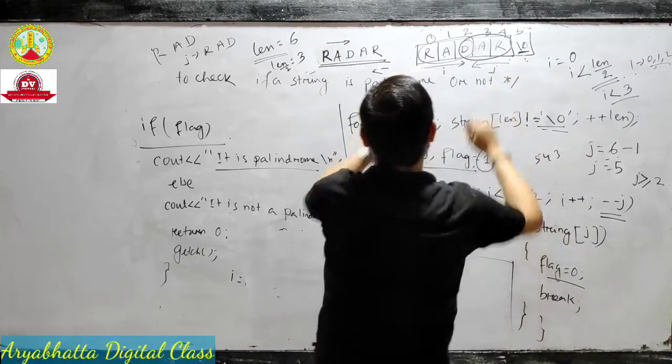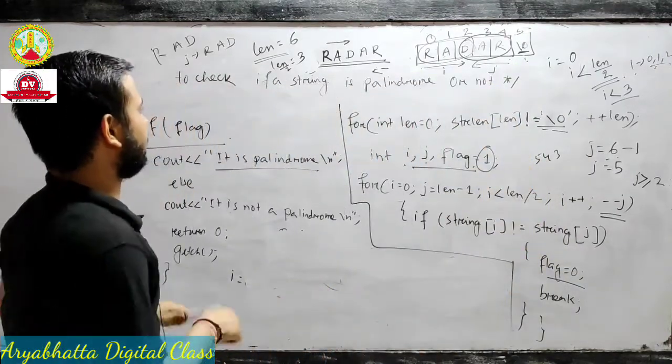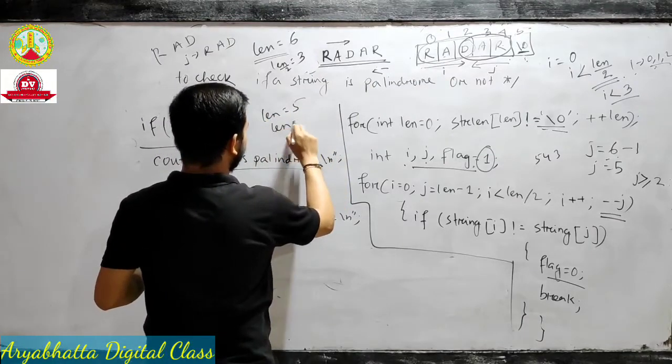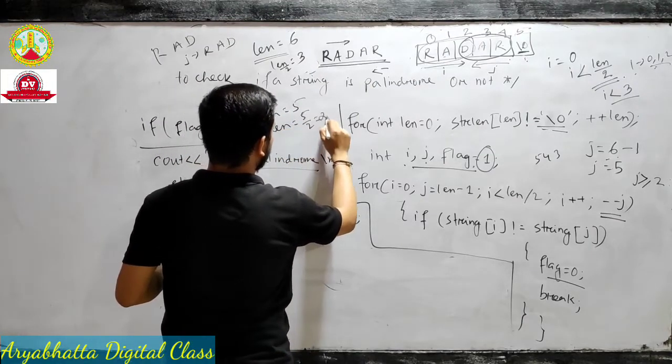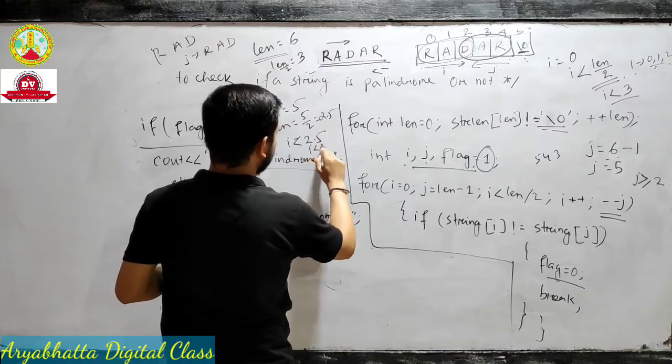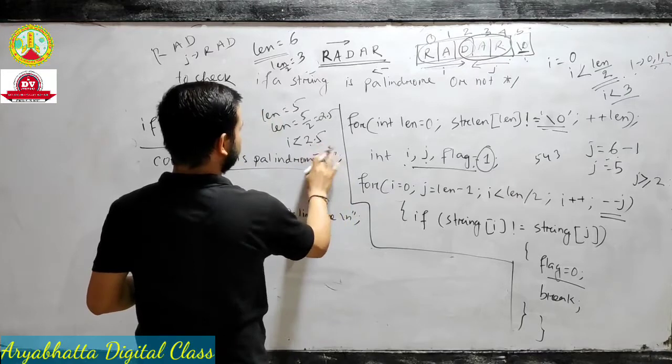Okay, then in this string len is 5, and 5 by 2 is 2.5, and i is less than 2.5, meaning i is executed up to 2.